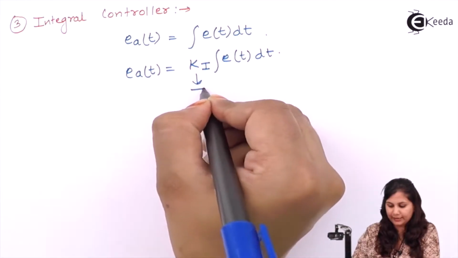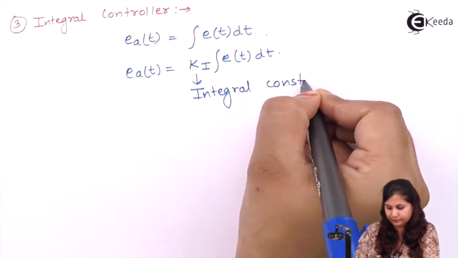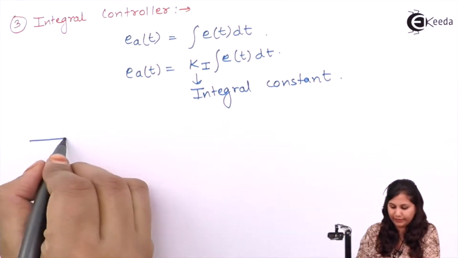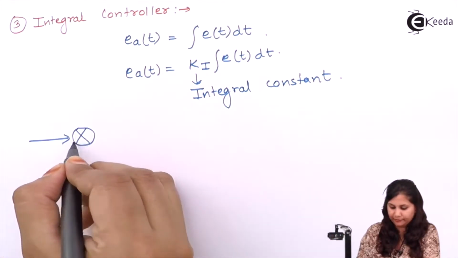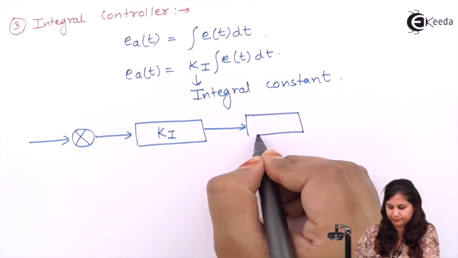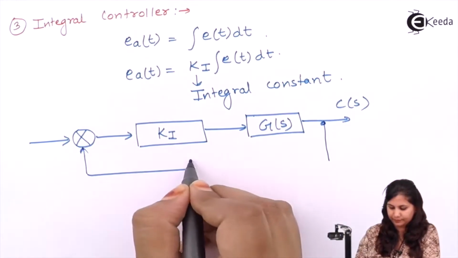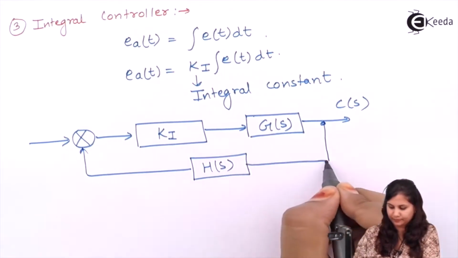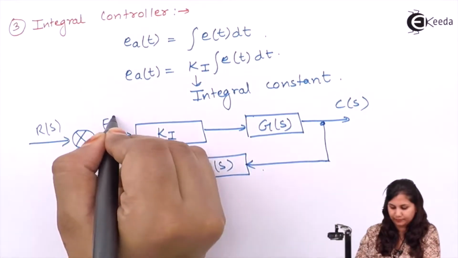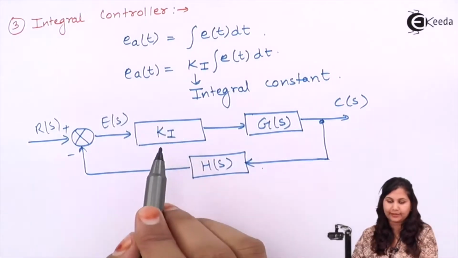This Ki is the integral constant, and if we draw the block diagram, here we have the constant as Ki.